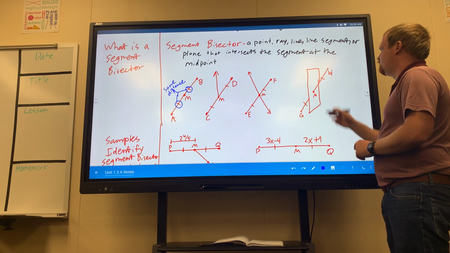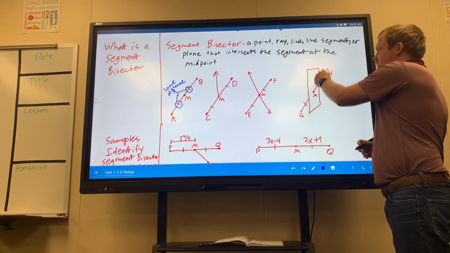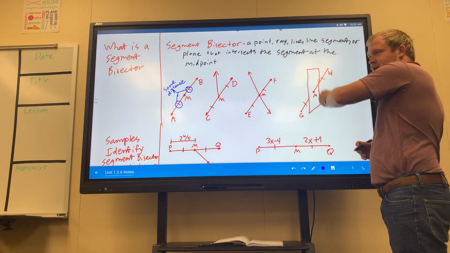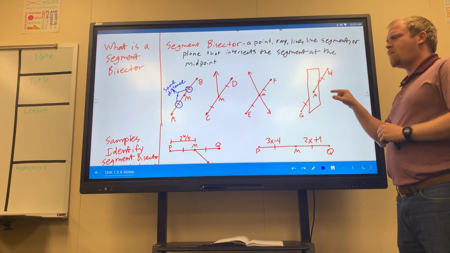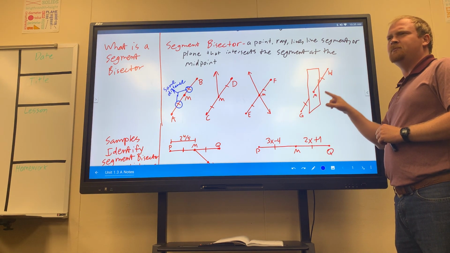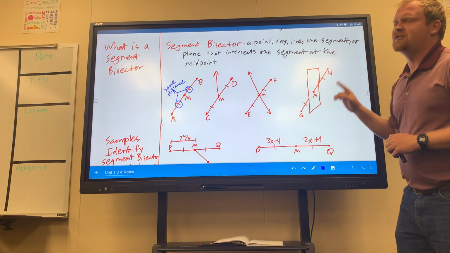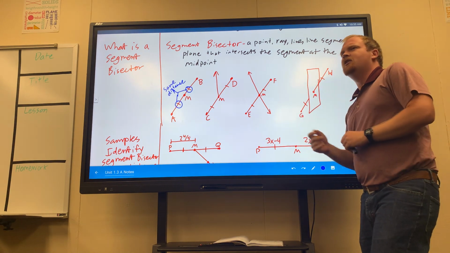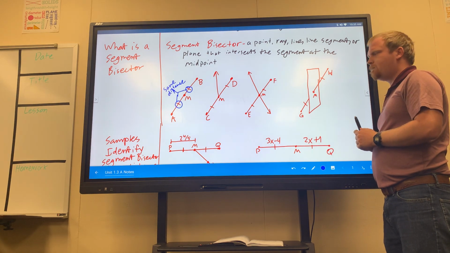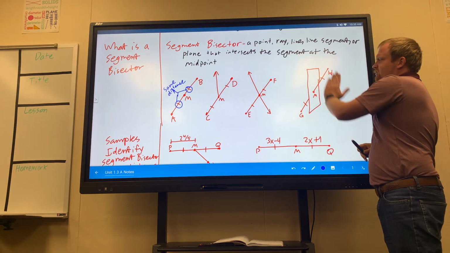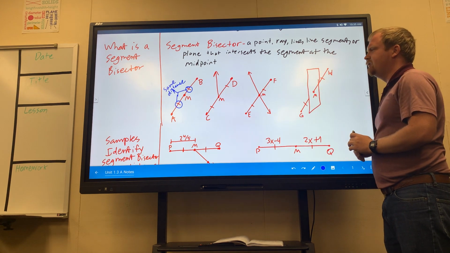And then lastly, we have segment GH with a plane as the segment bisector. Normally, you're not going to see this very often, but I'm showing you this as a good possibility, because there is such a thing as a segment bisector that is a plane. But 99% of the time, you're not going to see this, so I wouldn't worry too much about it.